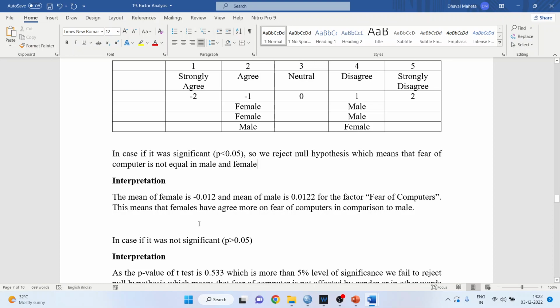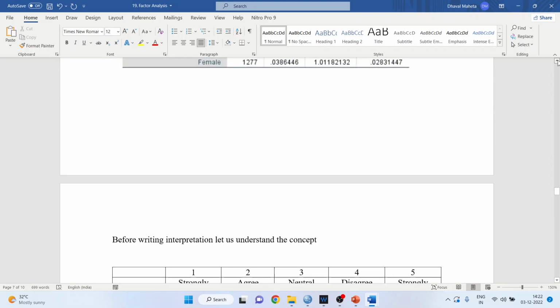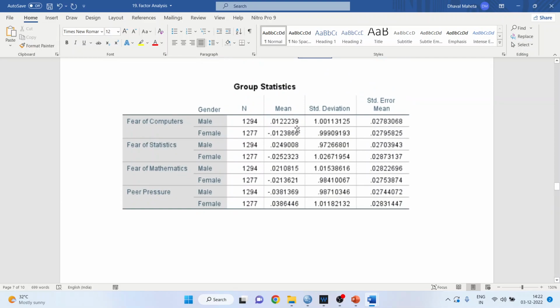Now we'll have to see the mean of female for fear of computers and the mean of male for fear of computers. That figure I will get from your descriptive statistics. Male fear of computers is 0.122, female minus 0.012.